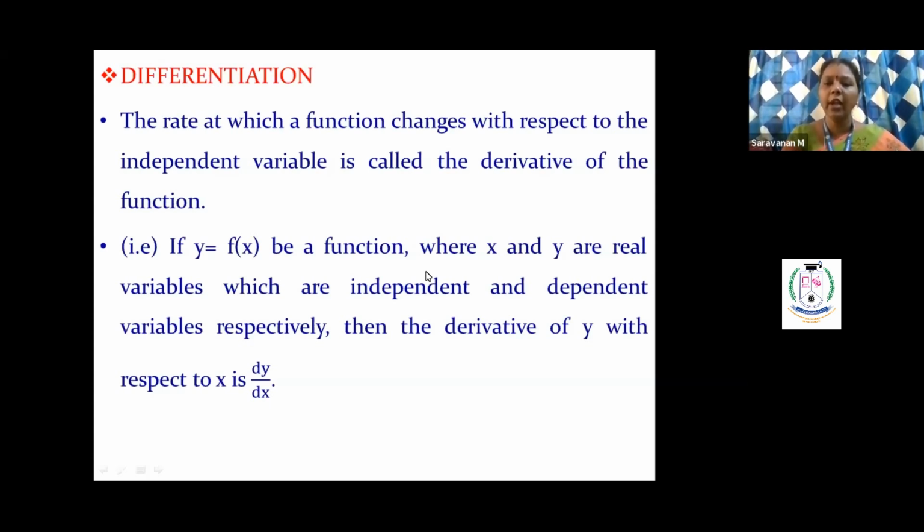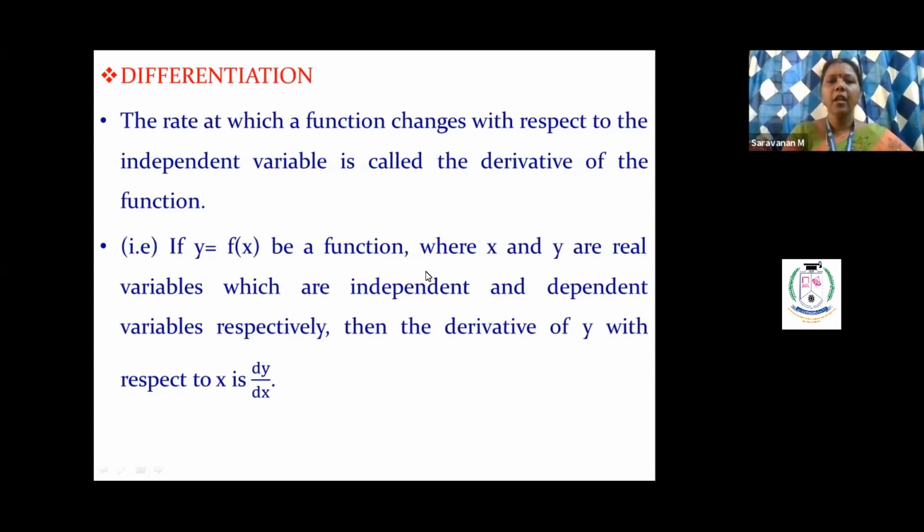Depending on x only, we'll be getting the value of y. That is what is called the dependent variable, and x can take any values on the real line. So that is called the independent and dependent variable. Then the derivative of y is denoted as d by dx, that is with respect to x, dy by dx.